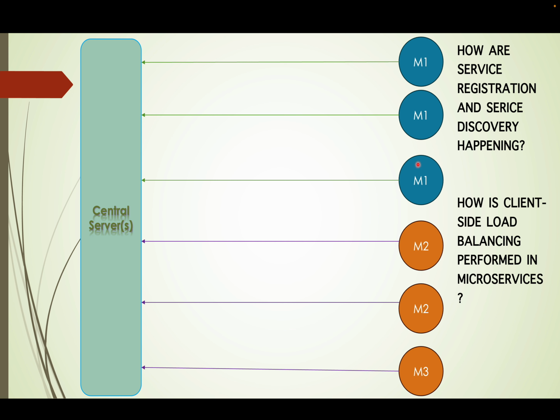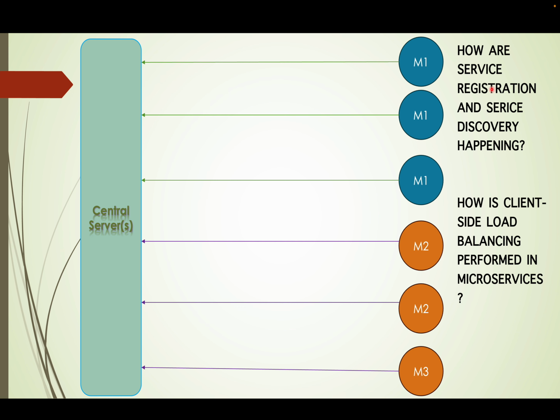Because each of the microservices, during its startup, will send its IP information to the central server. This is called service registration. So what is service registration? If any microservice is starting in my microservices network, it will register itself to the central server by providing its IP information. This is called service registration.